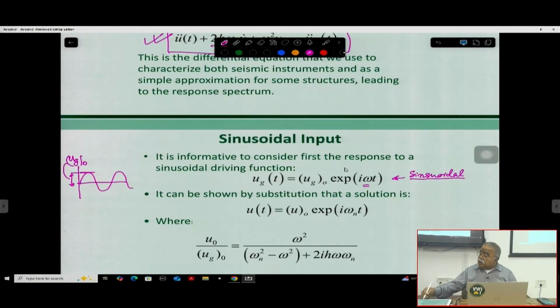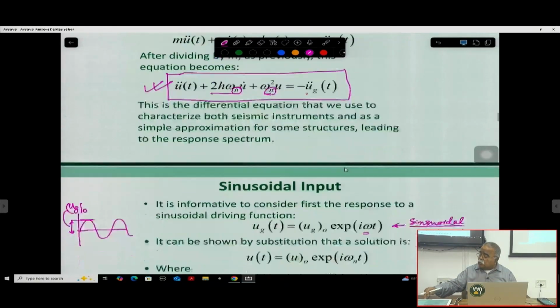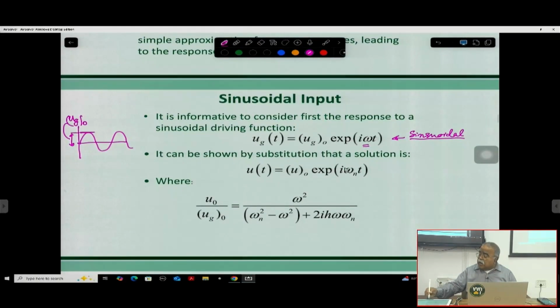It can be shown by substituting in this equation and simplifying that u(t) equals u0 into exponential i omega t, because that's your building displacement. So this is the building response. We call it the building response, or sometimes the deformation response. So this is the building part, right?